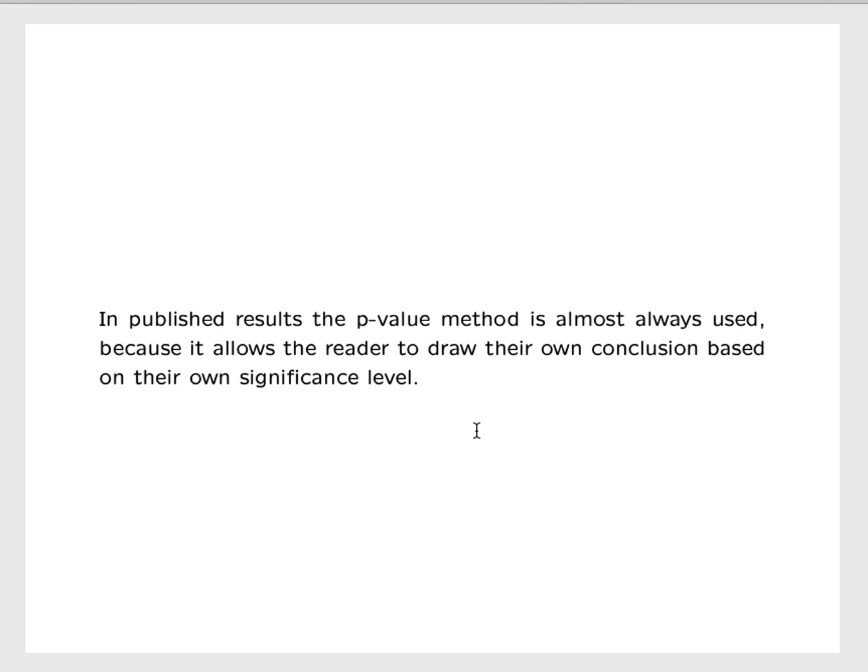The p-value method is almost universally used because it allows the reader of that research, the reader of the results, to draw their own conclusion based on the significance level, the alpha value that they choose to use. So, for example, the authors of a research article, in drawing their own conclusions, may have used a significance level of 0.05, but the reader of an article may have reason to use a different level of significance, for example, 0.03 or 0.01, or they may choose to use a larger significance level of 0.1.